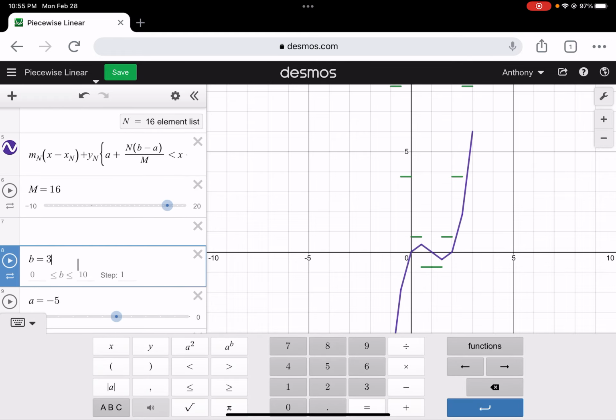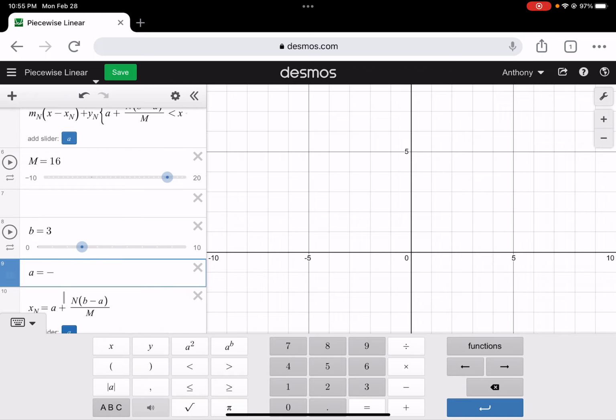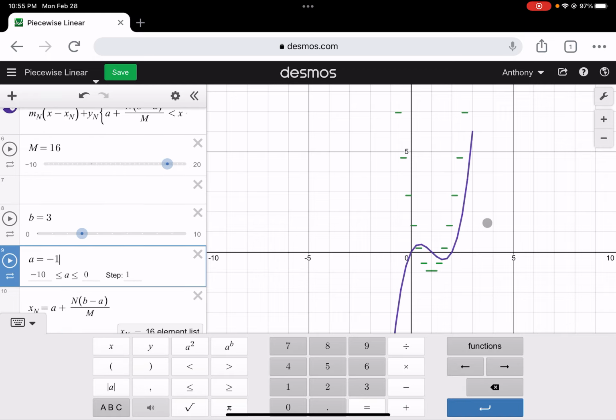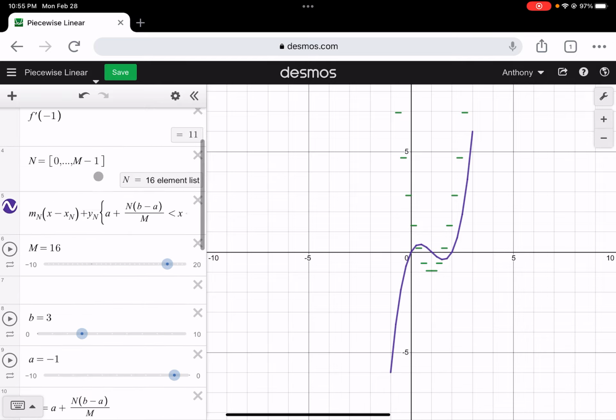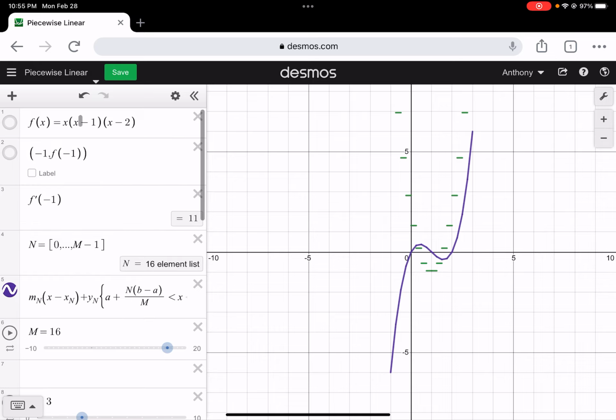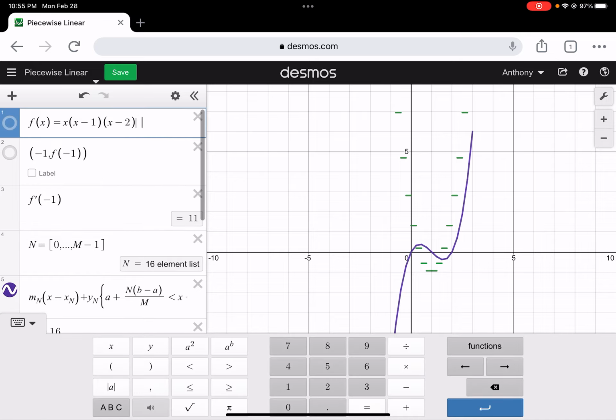So we'll do a b value of 3 and an a value of like -1. Okay, there we go. Now it's a little bit easier. The purple graph is what's called a degree 3 polynomial. If I multiply out all of f of x, it's going to begin with x cubed. There will be other terms, but it'll begin with x cubed.